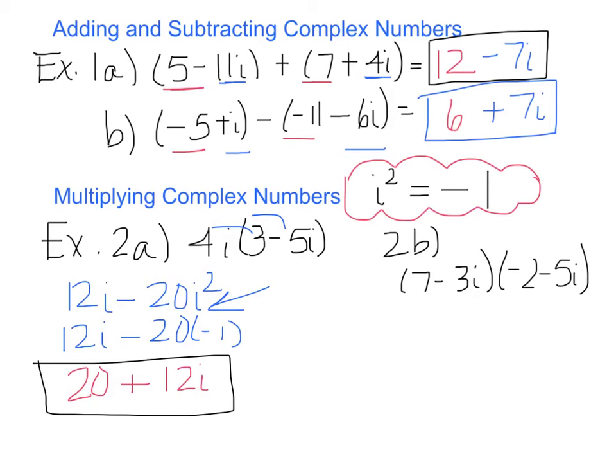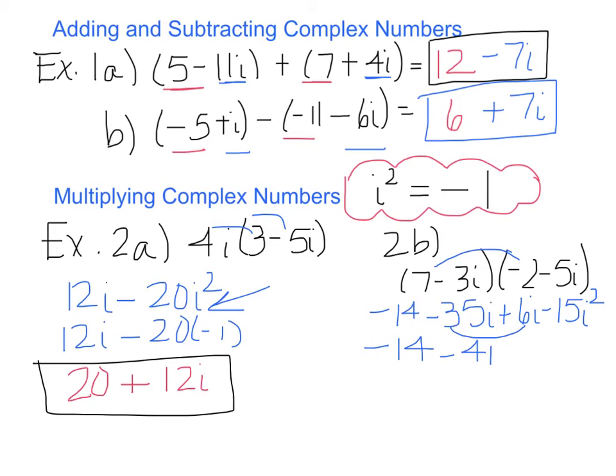And then foiling, I'll get negative 14 minus 35i plus 6i minus 15i squared. So I'll get negative 14. This becomes negative 41i minus 15 times negative 1.